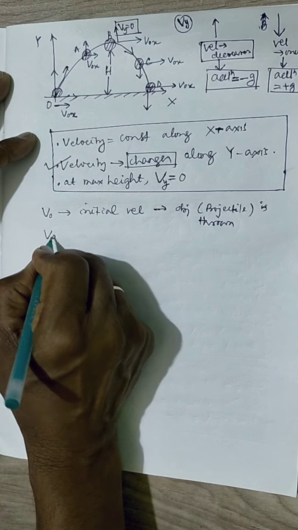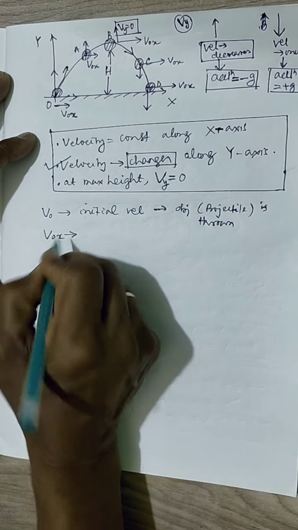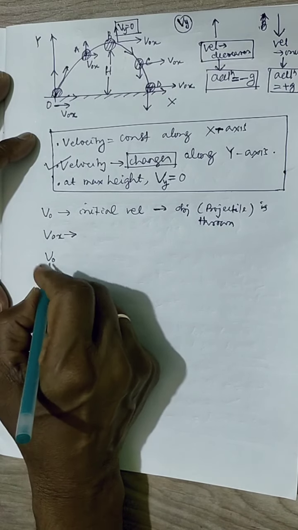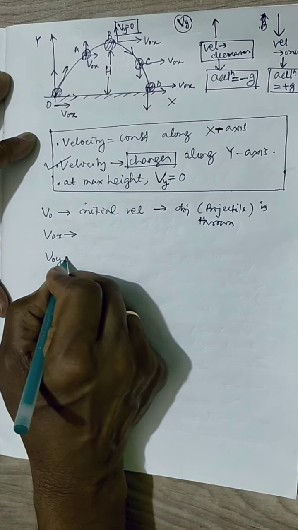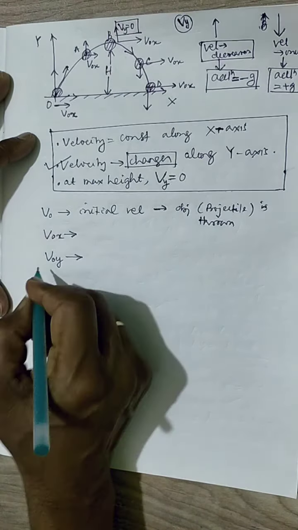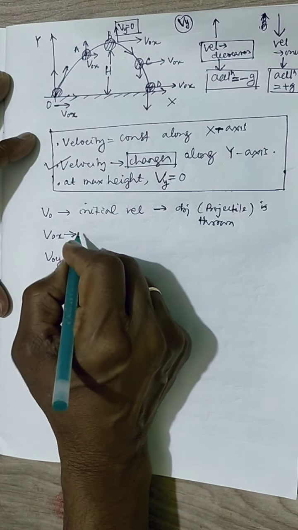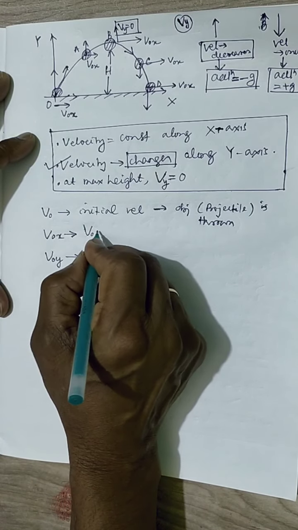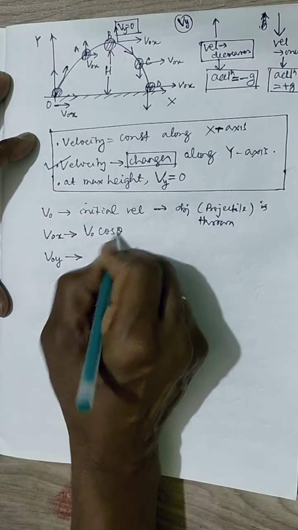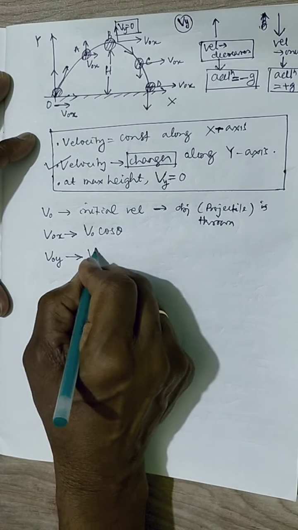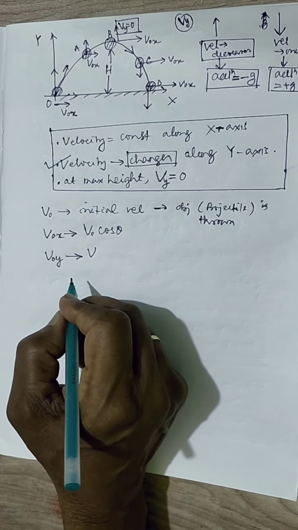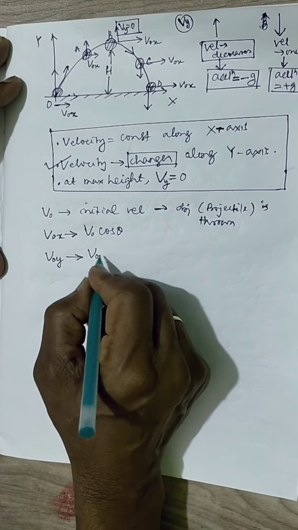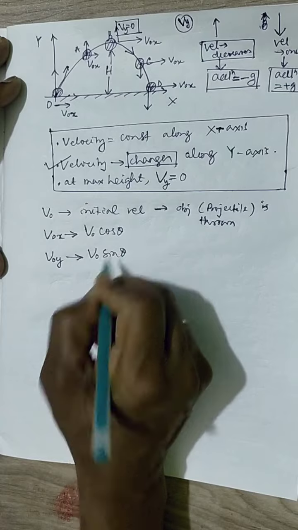It has its initial velocity along the x-axis, v0x, and initial velocity along the y-axis, v0y. v0x is the initial velocity component along the x-axis, that is v0 cos theta, and v0y is the velocity component of its initial velocity along the y-axis, that is v0 sin theta.